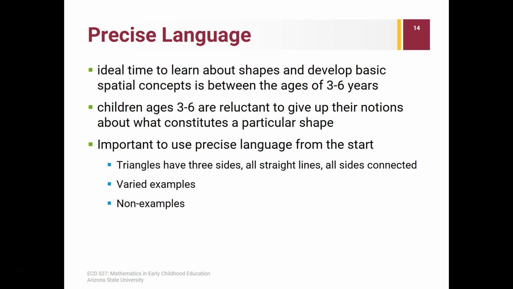For example, when describing a triangle, we should be talking about the fact that triangles have 3 sides, with all straight lines and all the sides connected. Then we should provide children with many varied examples of each shape. We should also be sure to provide and discuss non-examples so children can solidify their understanding of each shape.